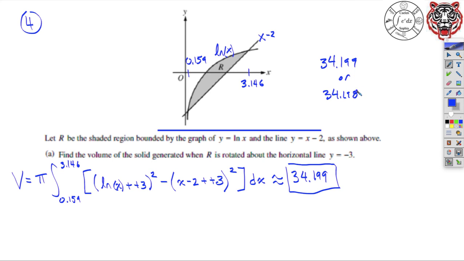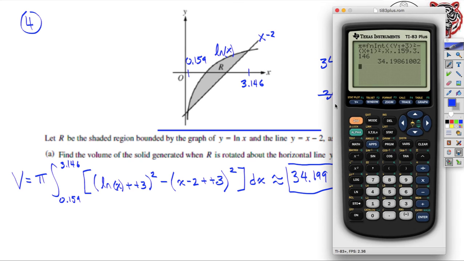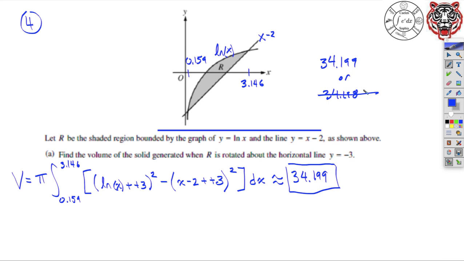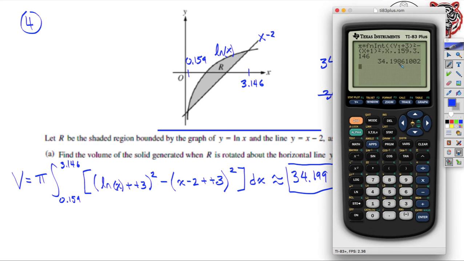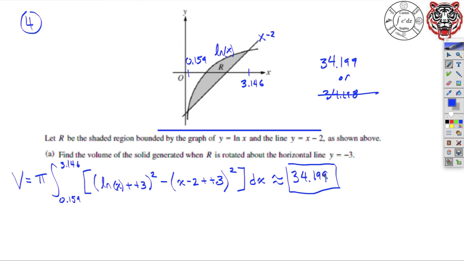If that was the case, then you wouldn't be docked, but that is not in the answer key. They need that to be a 9. Actually, that one would be in the answer key because that would be truncated. So 198, for this problem, no, you don't need to truncate. But just be careful because some people enter in pi there, and it wasn't exactly pi. That was my mistake also when I first did this problem.